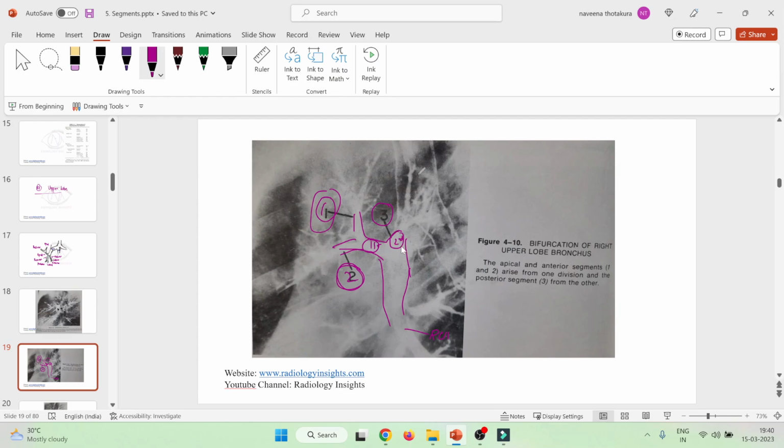The second division gives rise to 3, which is the posterior segmental bronchus. So this is the bifurcation of the right upper lobe bronchus, which is a variant. Okay, next.